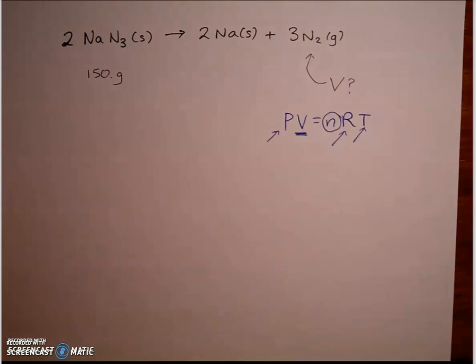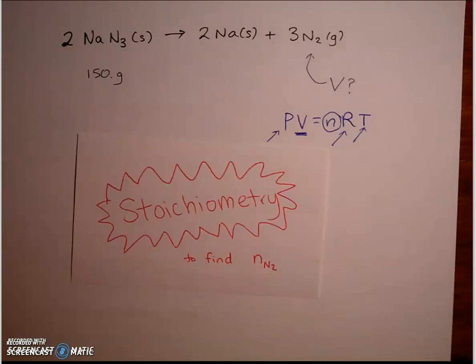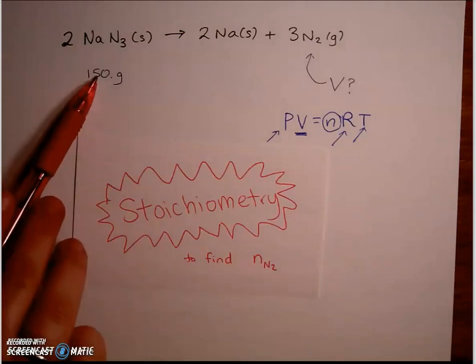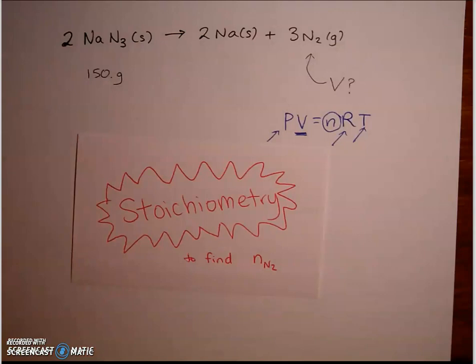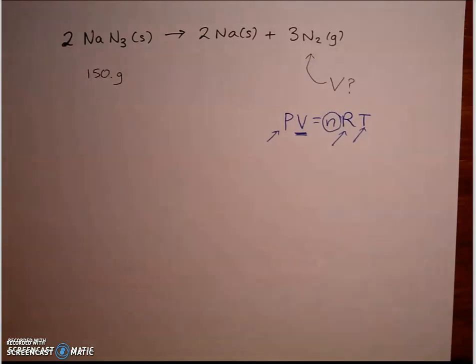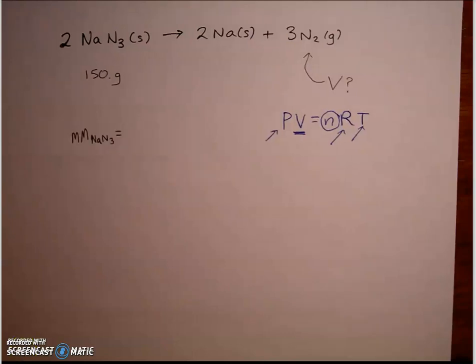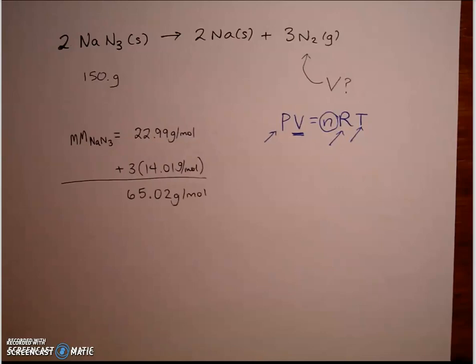We're given pressure and temperature in the question, so we need to find moles, and we're going to use stoichiometry from our reactant starting material to find moles of nitrogen. So the molar mass of sodium nitride, we've got 1 sodium atom, 3 nitrogen atoms.